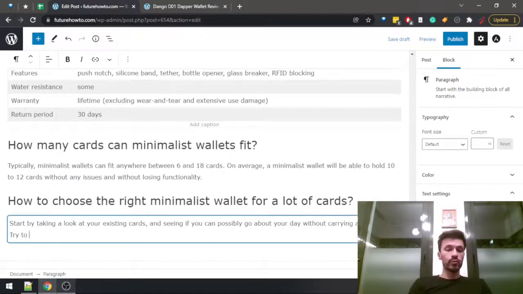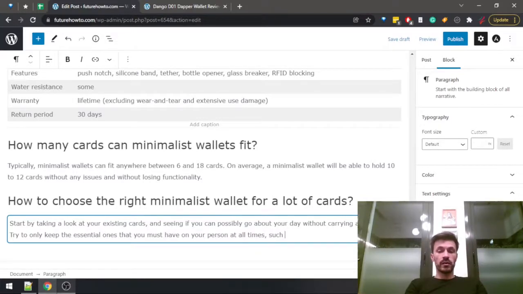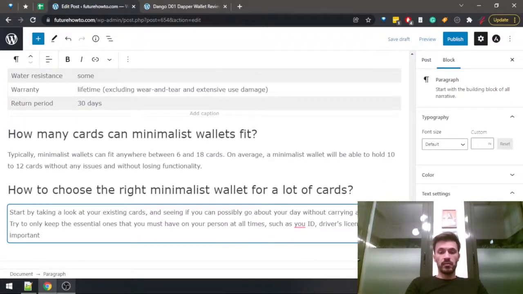Try to only keep the essential ones that you must have on your person at all times, such as your ID, driver's license, maybe main paying cards, and important key cards.